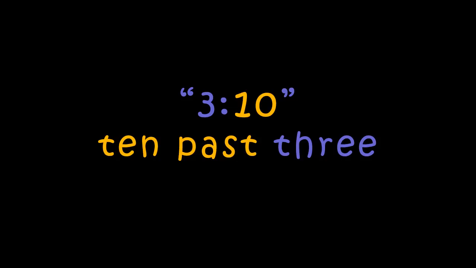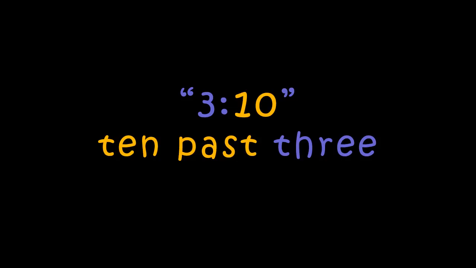You say 5 past, and then 3, which is the last hour. Okay, the last hour was 3 o'clock. Now there's 5 minutes since then, so it's 5 past 3. Okay, now continuing, it's the same thing with 10.